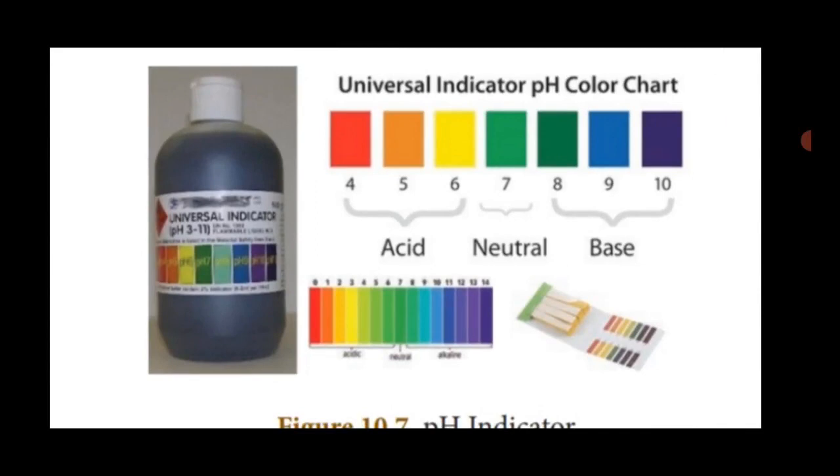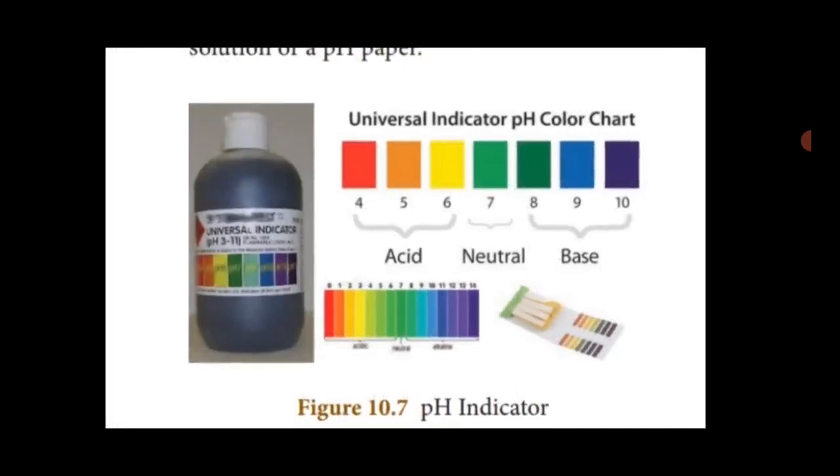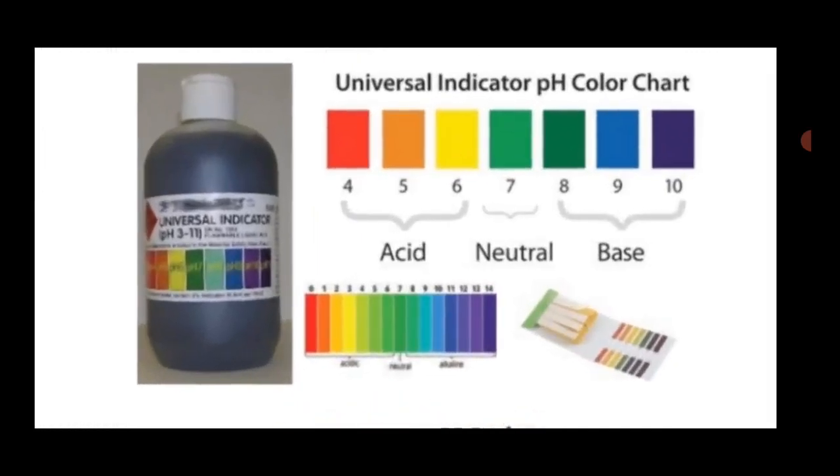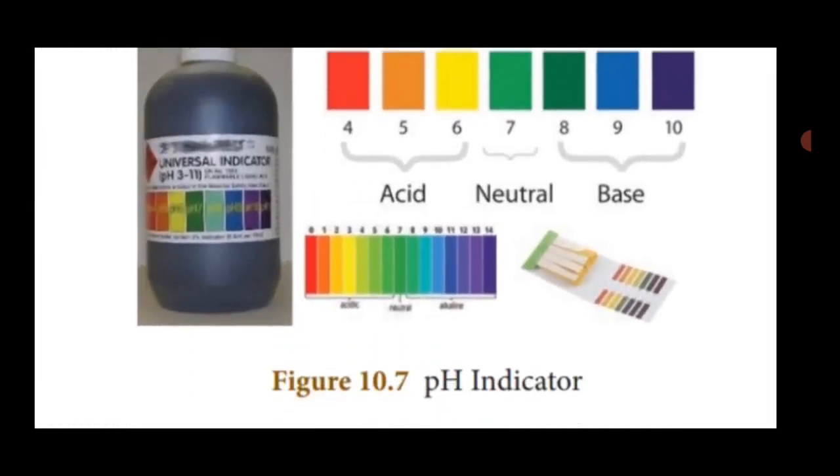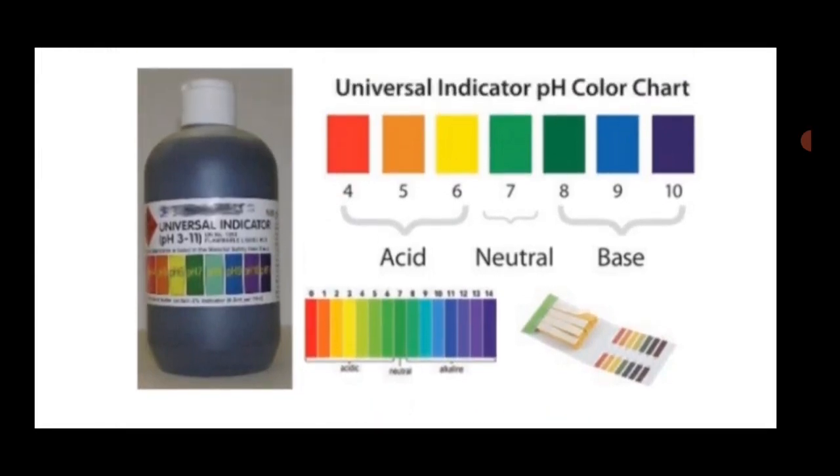Dark green means the substance is a base. Yellow means the substance is an acid. So the test pH paper is compared to the color chart to find whether the substance is an acid, base, or neutral. Calculate easily.